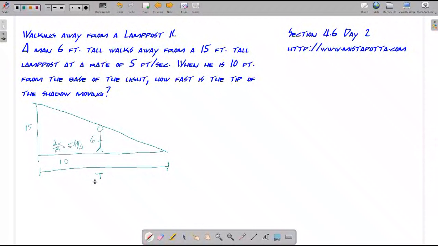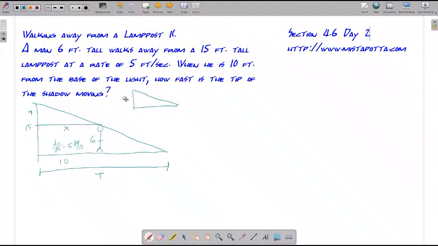So just as before, I had two situations. I have this triangle here, which represents x, the distance from the lamppost, and 9, the distance from the person's head vertically to the top of the lamppost. So I'm going to have two similar triangles, just as I did before.